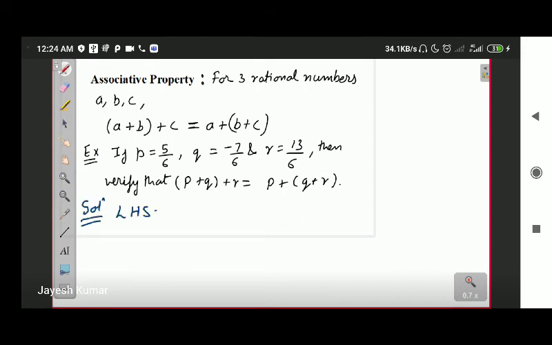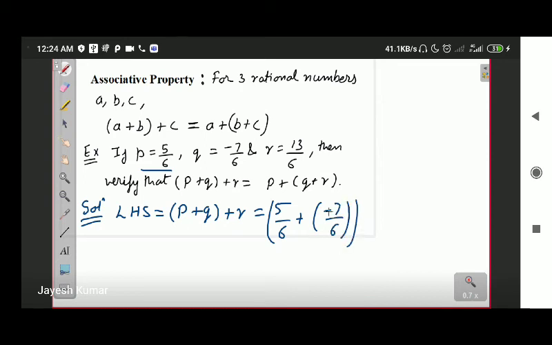First of all, LHS is P plus Q inside the bracket plus R. So let's replace the value of P and Q. P is 5 upon 6, inside the bracket. Q is minus 7 upon 6. Bracket close. And plus R. R was 13 upon 6.